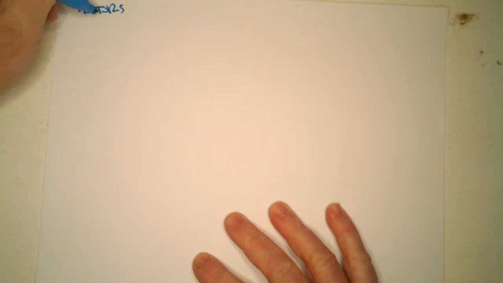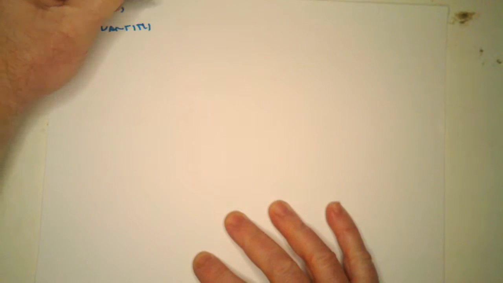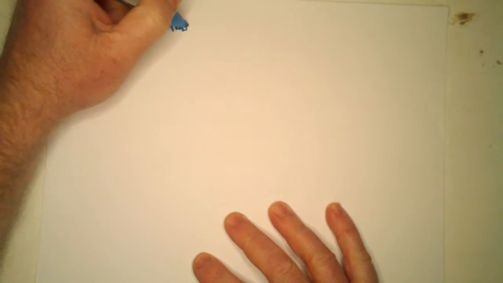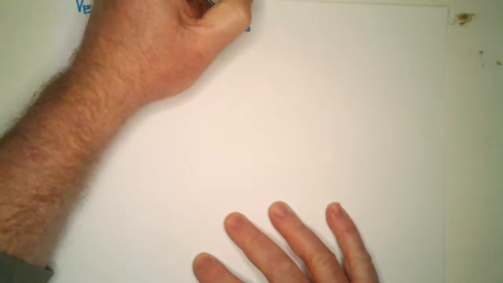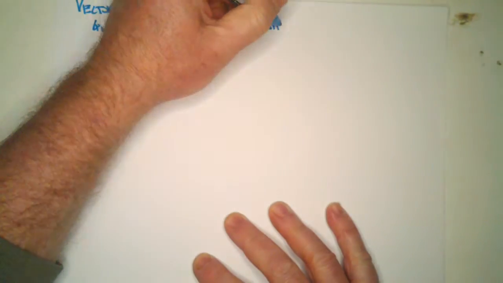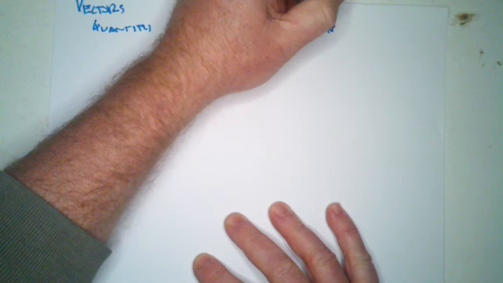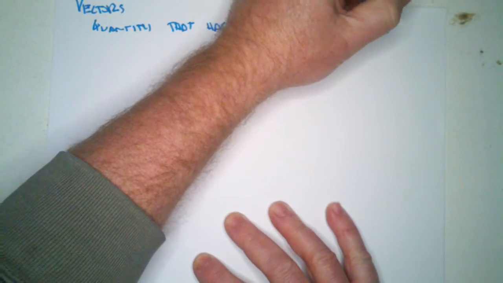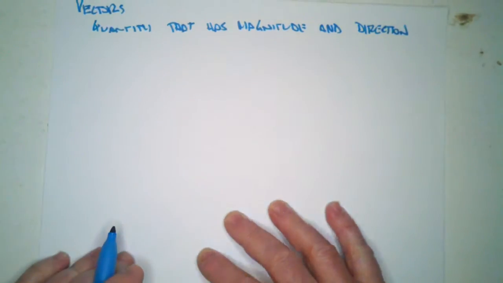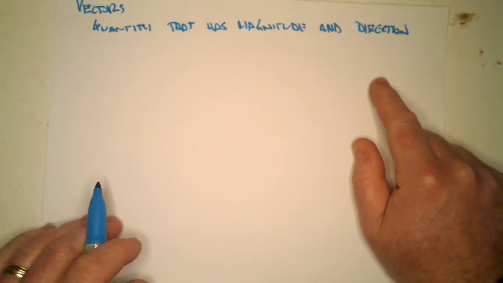A vector is a quantity that has magnitude and direction. So, a vector is a quantity that has magnitude and direction.